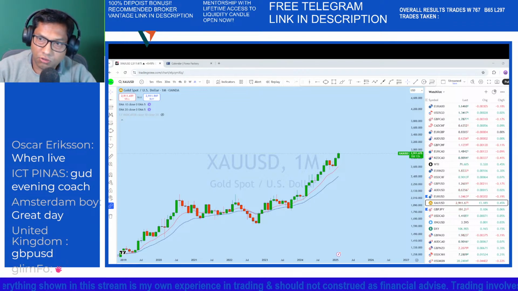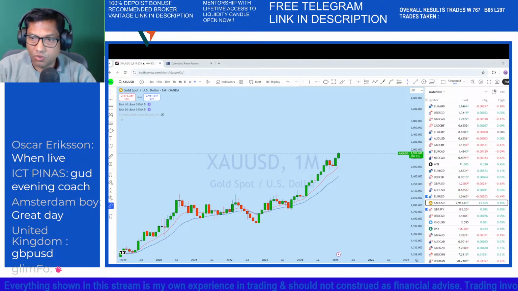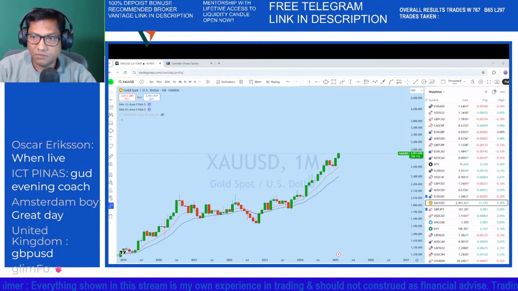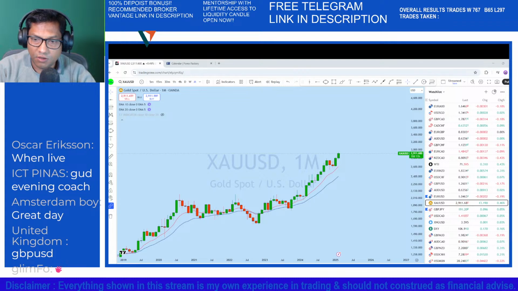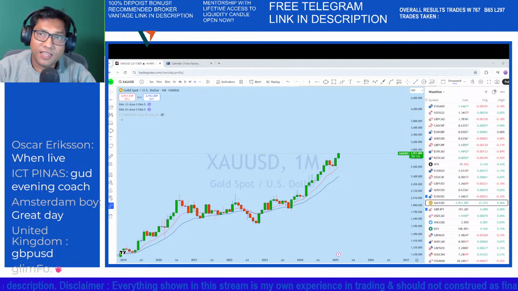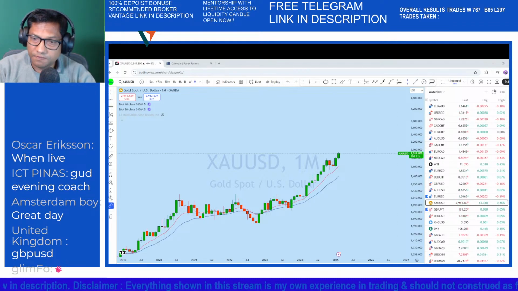Because monthly, weekly, and daily higher time frames give you clear direction, removing all the noise from the lower time frames. Now looking at monthly on XAUUSD, I'll be waiting for some members to join here, and then we'll do the full multi-time frame analysis.